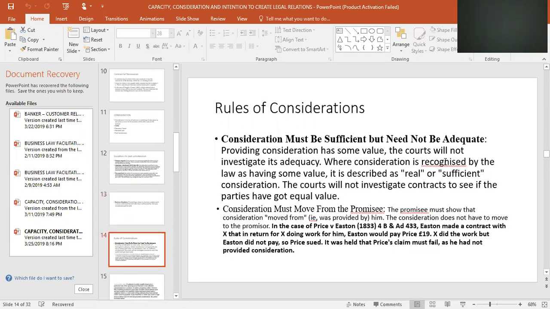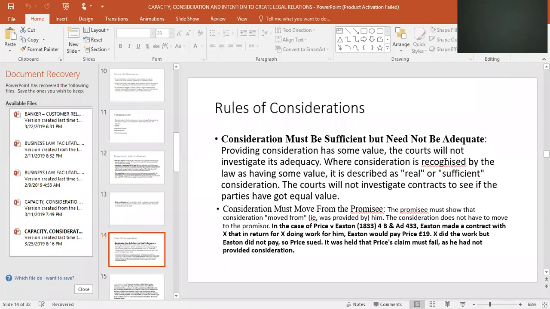Then we have rules of consideration. The first rule of consideration is what we call: consideration must be sufficient, but need not be adequate. We are saying that the important thing here is for consideration to be sufficient.